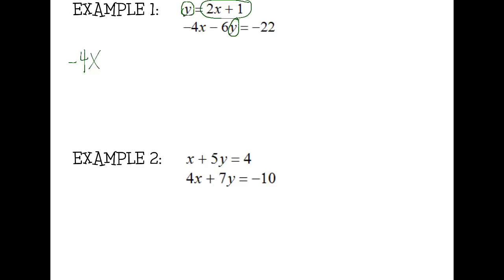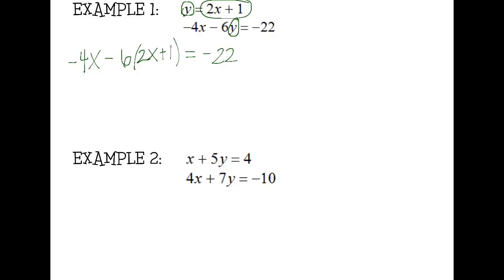So minus 6 times y, and since y is 2x plus 1, I'm going to substitute y with 2x plus 1. And I'm putting that in parentheses because I'm doing negative 6 times y, so I need to multiply it times the entire quantity, equals negative 22.